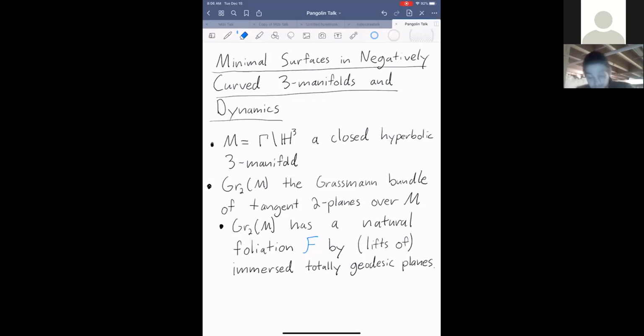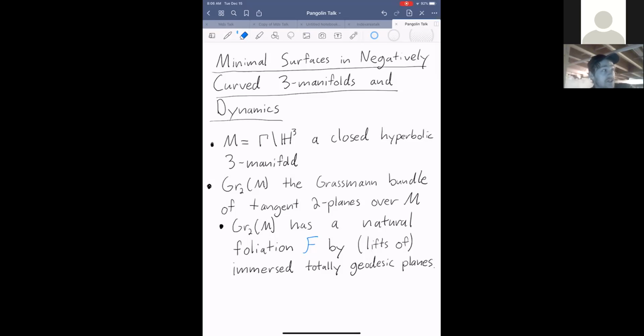So I'm going to be talking about minimal surfaces in negatively curved three manifolds and dynamics. What this talk is about is, geodesics have a metric variational aspect, they locally minimize length. But they also have a dynamical aspect. They're orbits of the geodesic flow, and there's a rich interplay between these two sides of what a geodesic is.